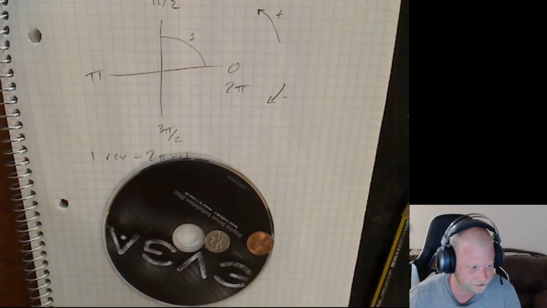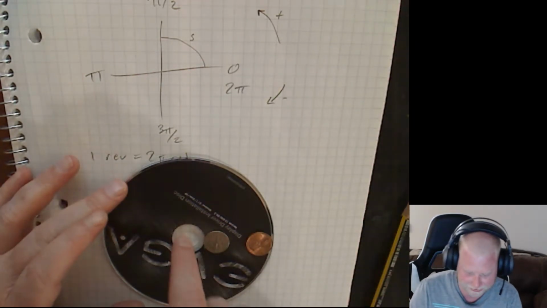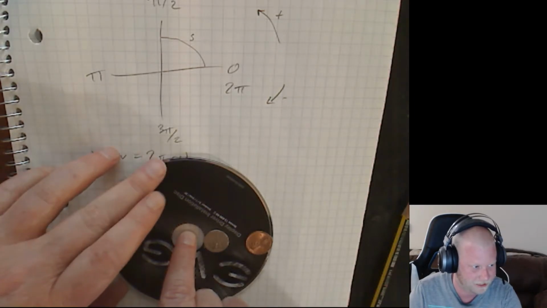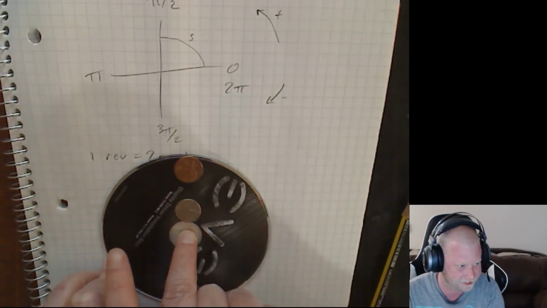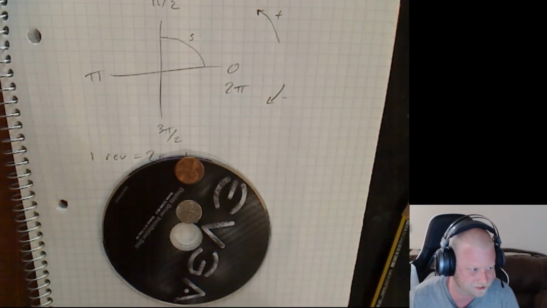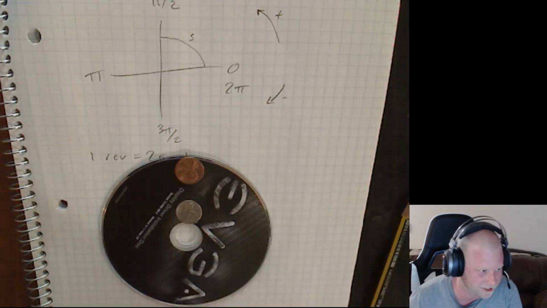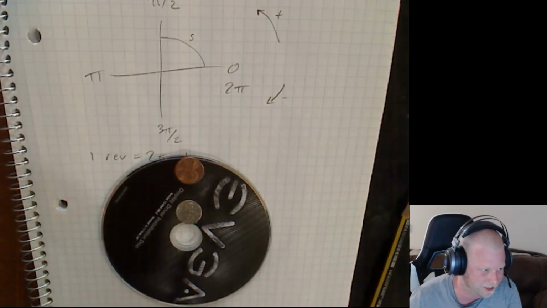So, for instance, if we're looking at a dime and a penny on a CD as it spins around the center of rotation, right here, the center of the CD, if we were to rotate this pi over 2 radians, they've both undergone the same angular displacement. But the penny has traveled a greater arc length than the dime has.